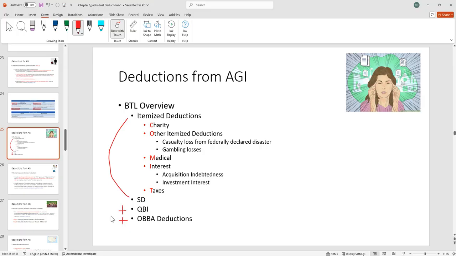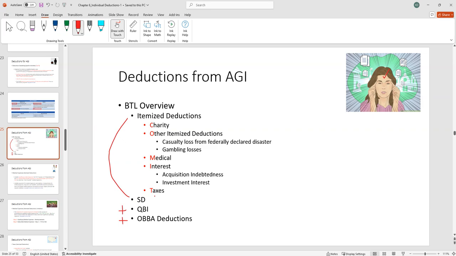A little acronym for the itemized deductions can be COMMIT. You need to commit these to your memory for the exam. It'll be things like charity, other itemized deductions, medical, interest, and taxes. It's not a full exclusive list, since there are some minor ones if you really dug into the code, but for our purposes in this class, those are the ones we're going to look at.